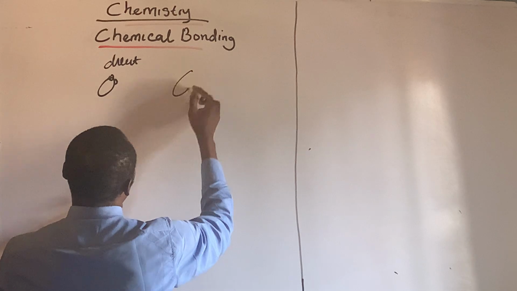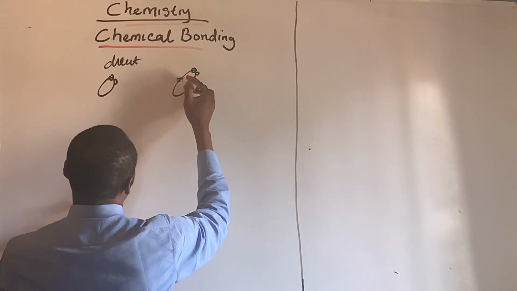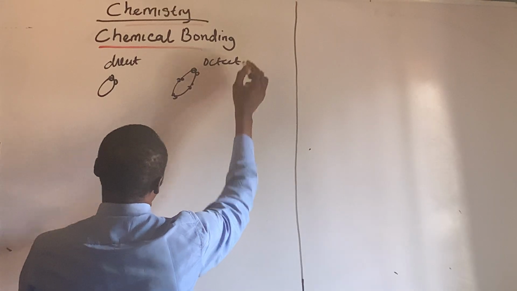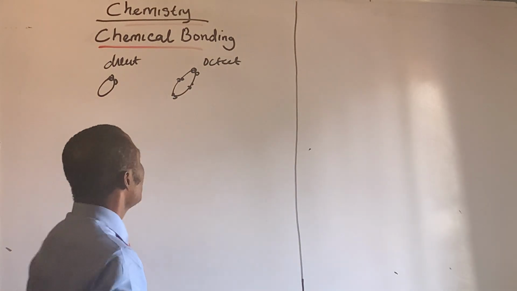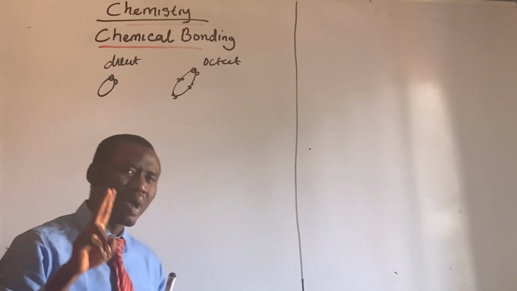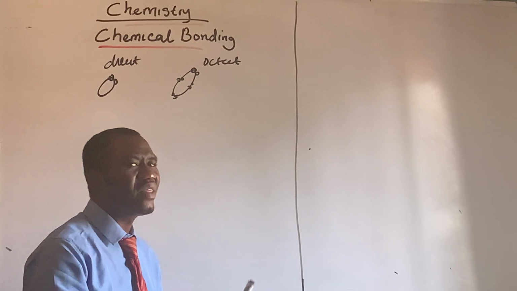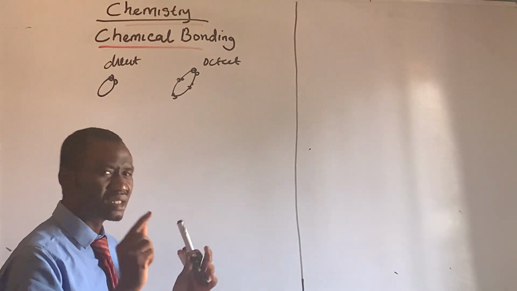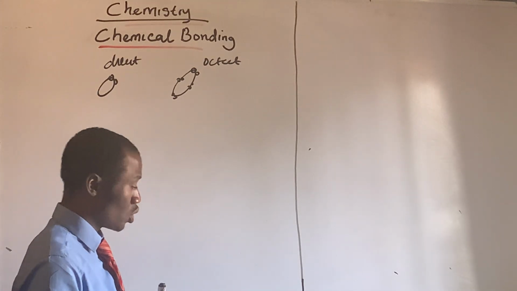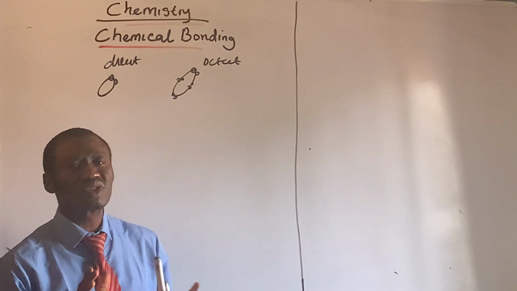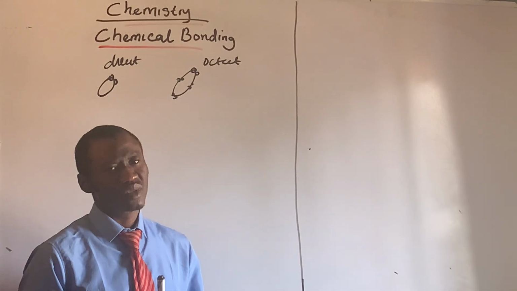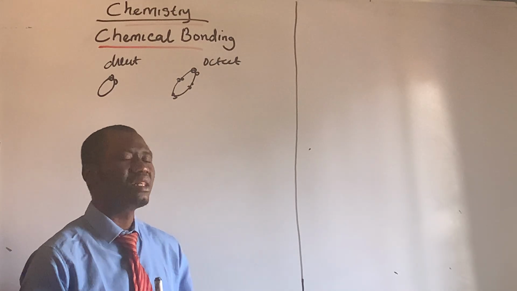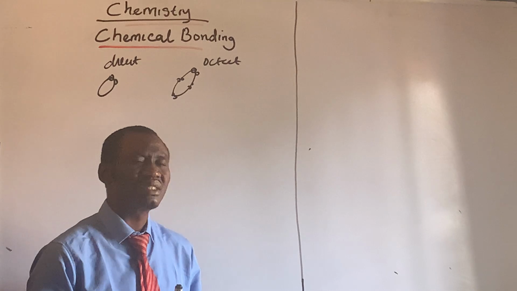If it has 8 electrons in the outermost shell, this is known as octet. Elements that are duet or octet in their outermost shell are stable and unreactive. So every element wants to become stable in nature, and this leads to chemical reactions between the atoms of different elements.